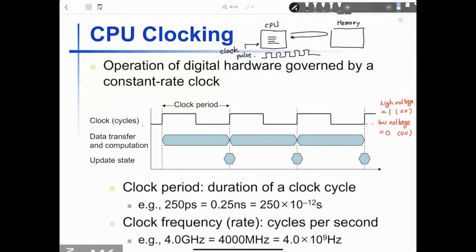The voltage is 0, then changes to 1, and then goes back to 0. So this is 1, this is 0, this is 1, and this is 0. This 1, 0, 1, 0 duration is called the clock period.